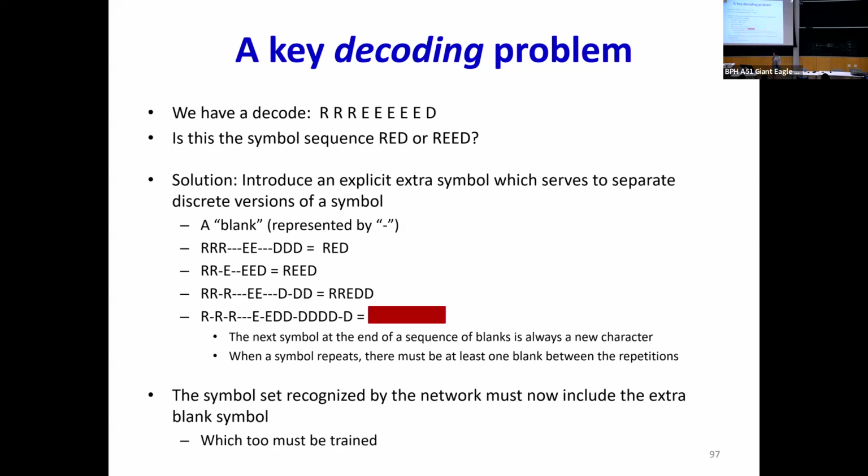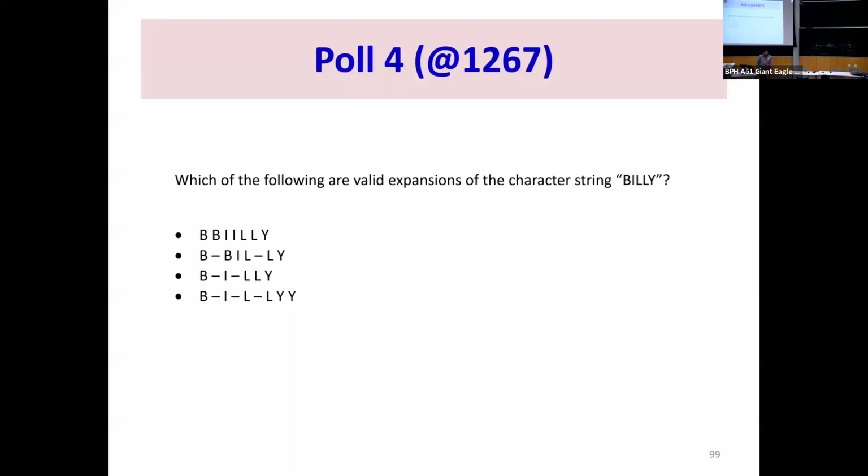So that's going to become R blank R E blank D blank D, but the blanks are not seen, so it's going to become RREDD. Using the same logic, what would this fourth one become? It's going to be RRREEDD. So you get the idea. The blank actually exists, it just cannot be seen. So, here's a problem.